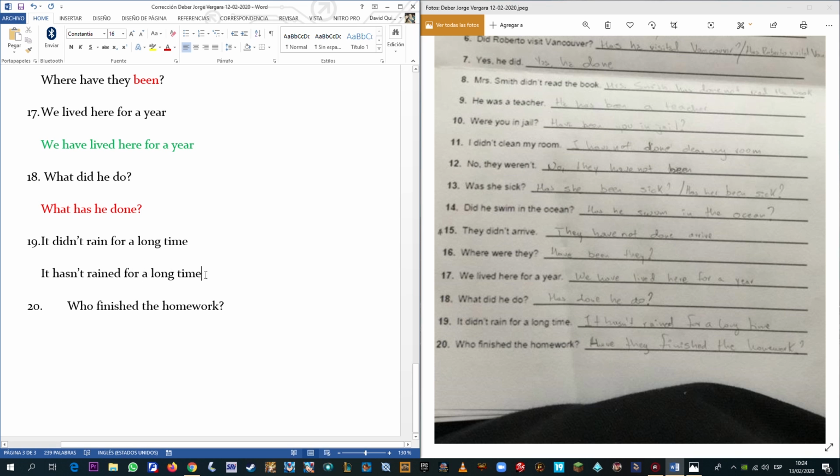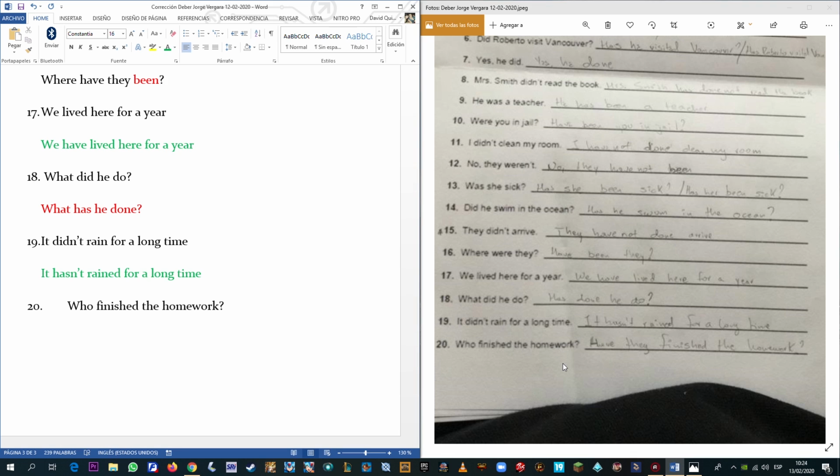It is totally correct, because the rules are very well applied and we have the correct auxiliary verb and the correct way to write rain in the past participle form.